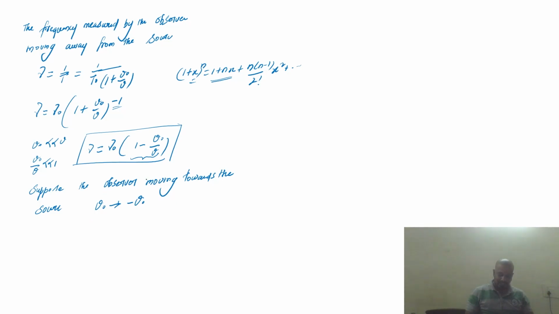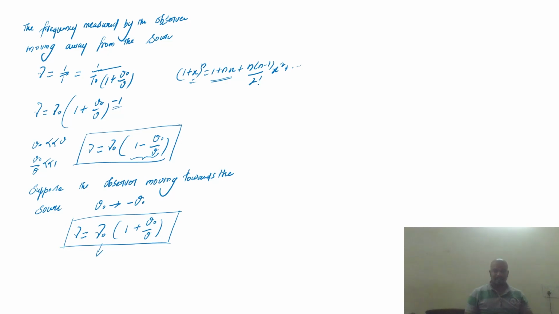If you replace this v naught by minus v naught, the measured frequency by the observer equals the original frequency of the wave times 1 plus v naught by V, because the minus v naught now represents the velocity just opposite to the previous one, in the negative x direction. Now if you look at this measured frequency, it will always be greater than the original frequency of the source.